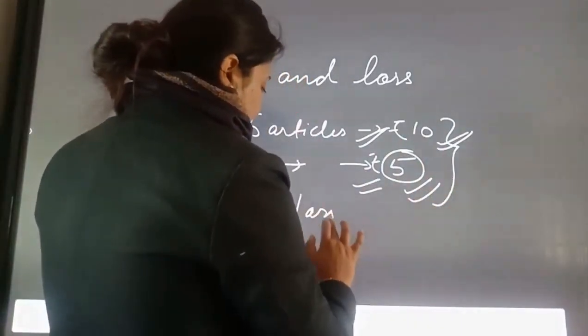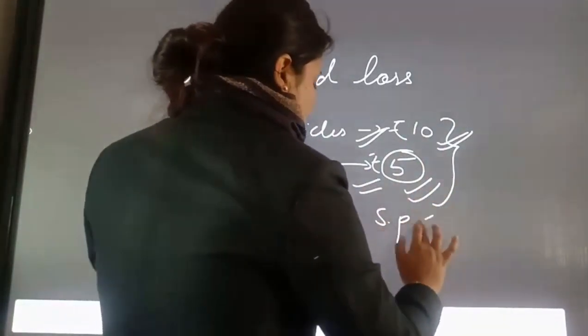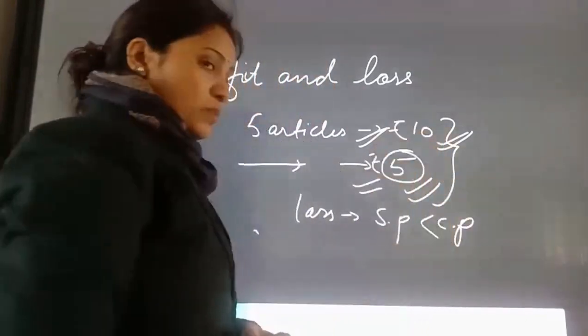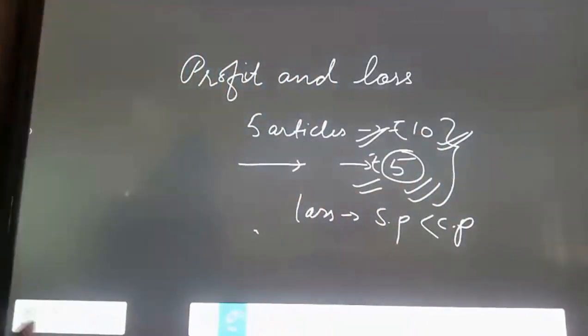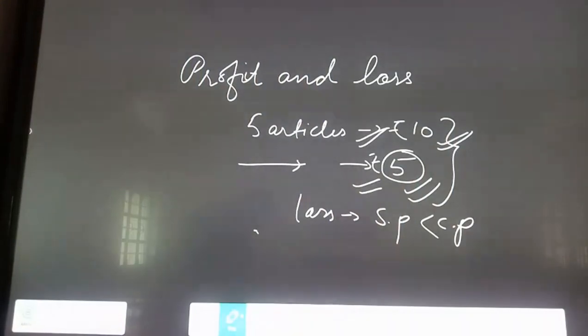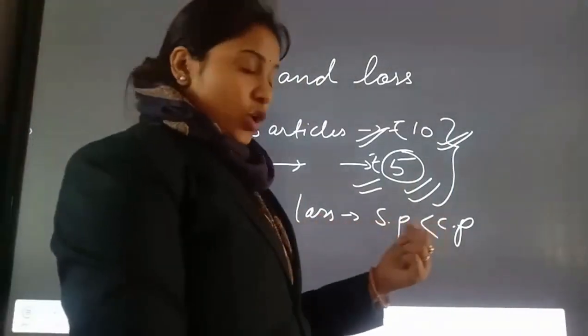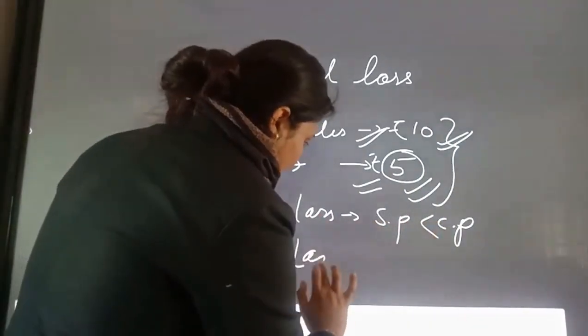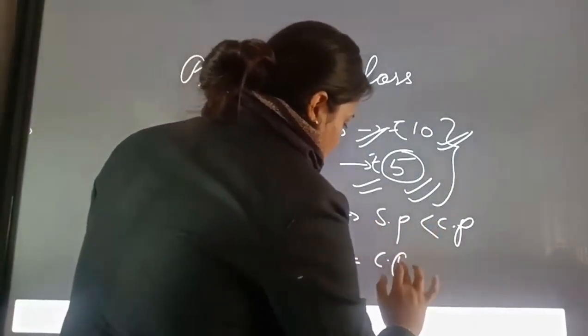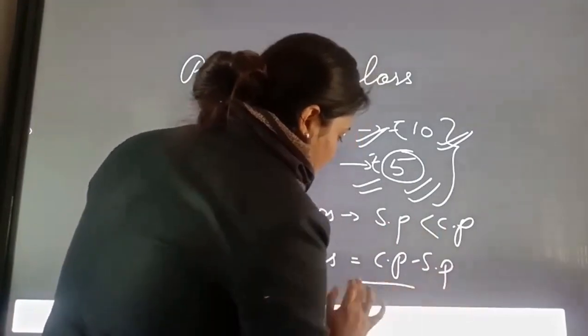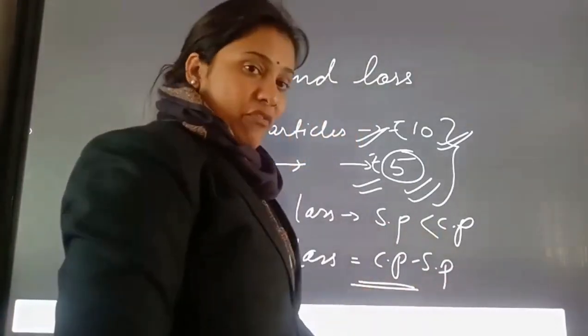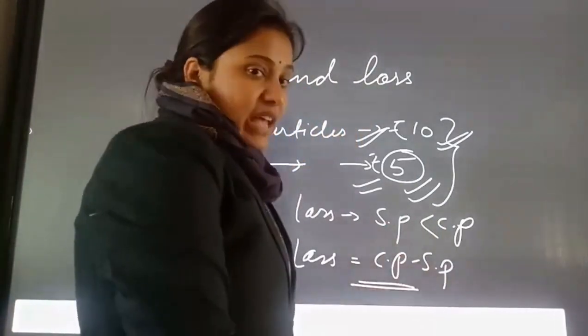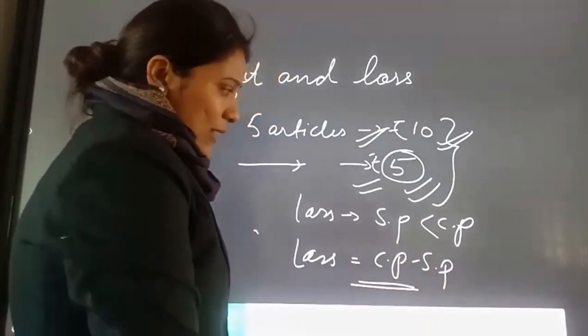Loss is basically when your selling price is less than the cost price. And the loss is equal to CP minus SP, where CP is the abbreviated form of cost price and SP is the abbreviated form of selling price.